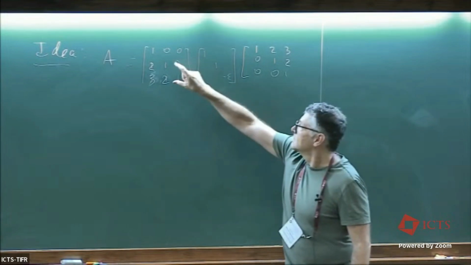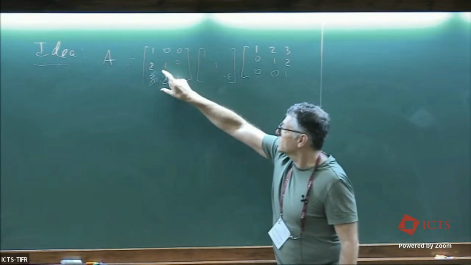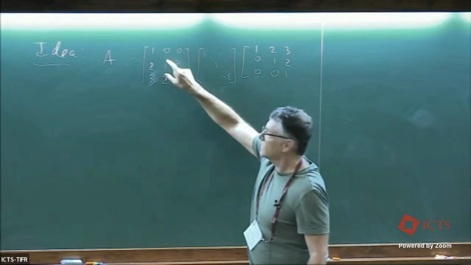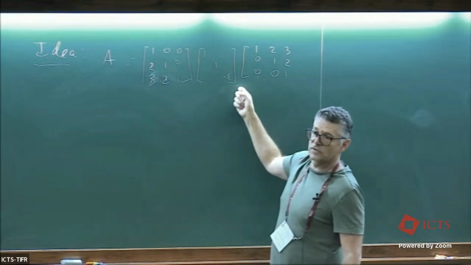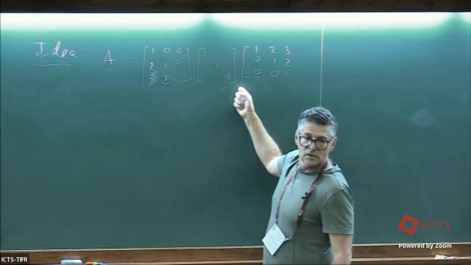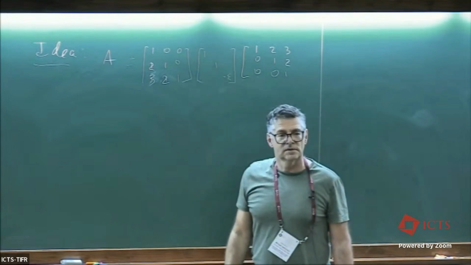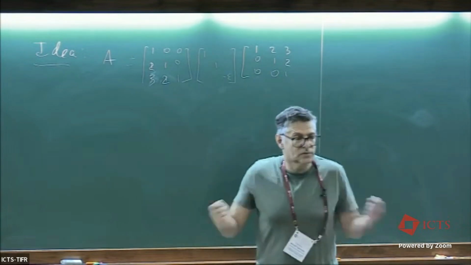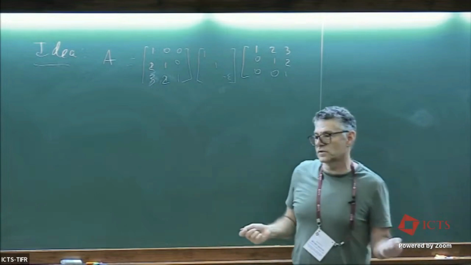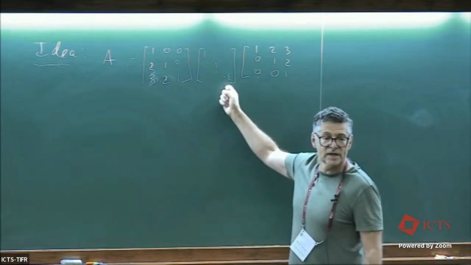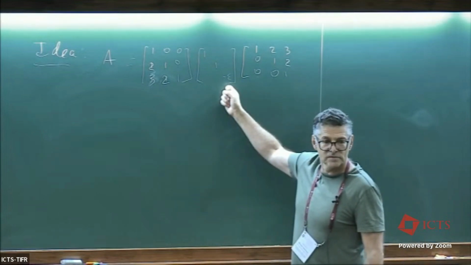Using Binet-Cauchy, for any 2 by 2 minor, either epsilon will not be involved at all, or it will be involved in only one of the terms. If it's involved in an expression with more than one term, I can make epsilon small enough so that the result is still positive.